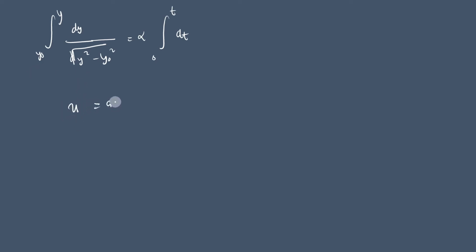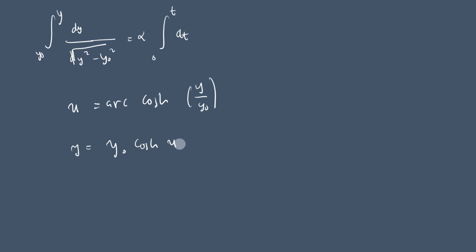Go to the next slide. We write again the integral. The term on the left side is identical to the previous term, so we can write the solution as u as a function of the inverse of cosh, and the position is y0 cosh u.